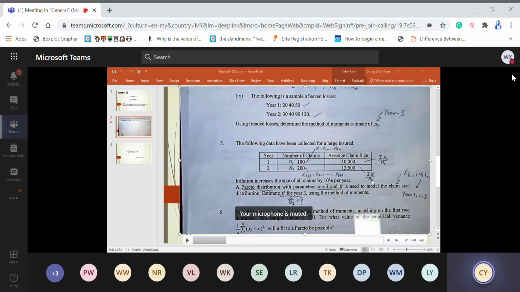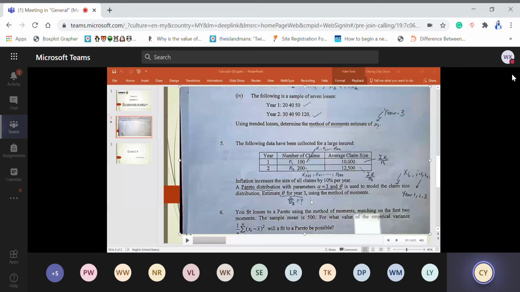In this question, the claim size follows the Pareto distribution with parameter alpha known, theta unknown. So in year 3, we have to estimate the parameter. This theta varies for year 1, year 2, and year 3, so we have to find the value of this parameter in year 3.